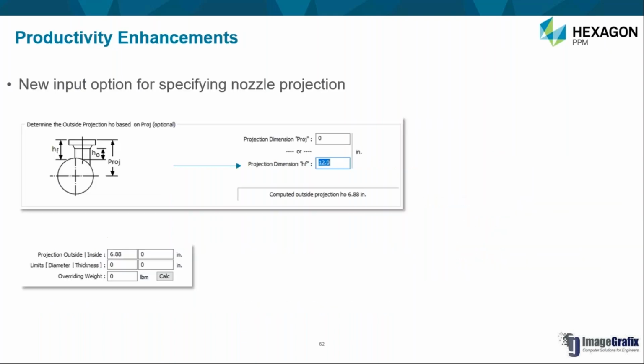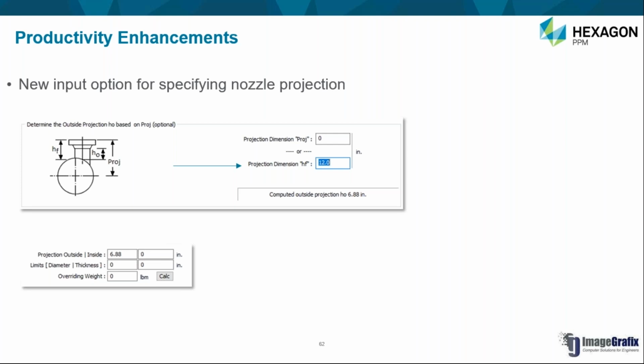Then another new option right here is specifying the nozzle projection. People have asked for the dimension H0, if you see over here. You know that it will be very easy to calculate, but sometimes it can be a little inconvenient if you know what the projection HF shown over here in the sketch is.